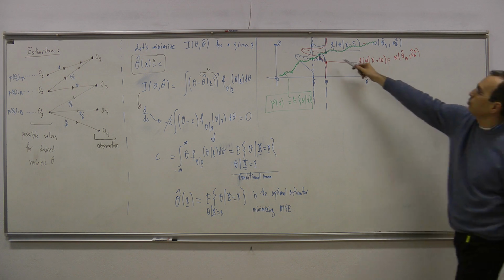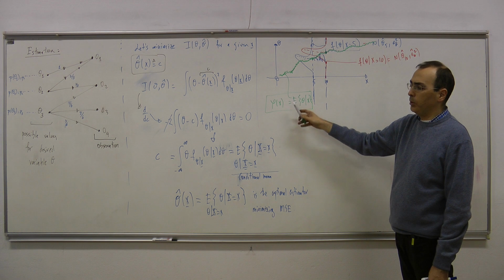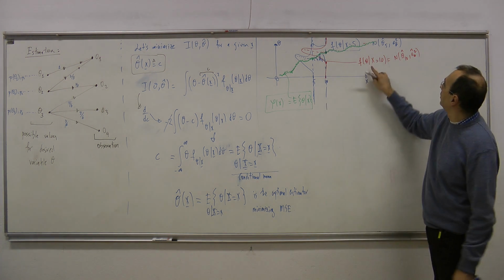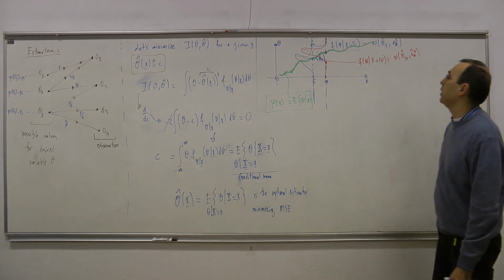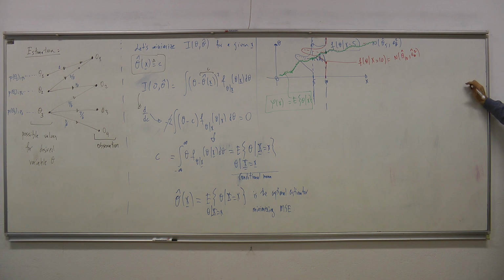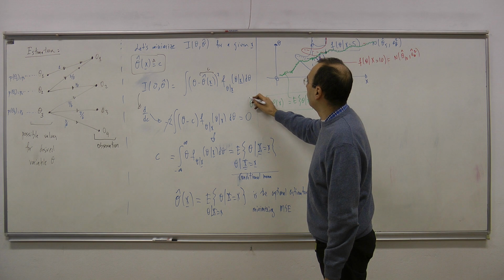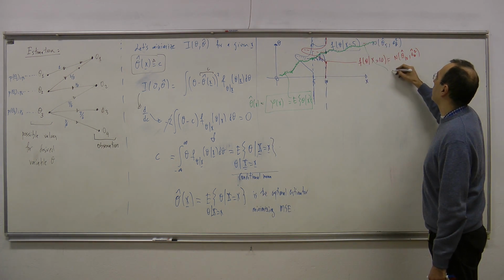What do those points correspond to? They correspond to the mean value of this conditional density, the theta given X density, or the mean value of what we call the posterior density. And this is actually our estimate. This curve is called the regression line.